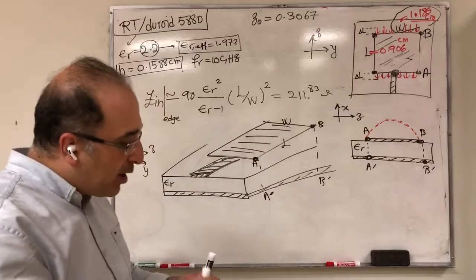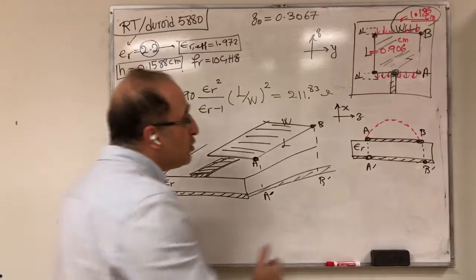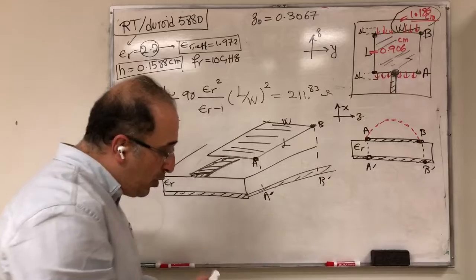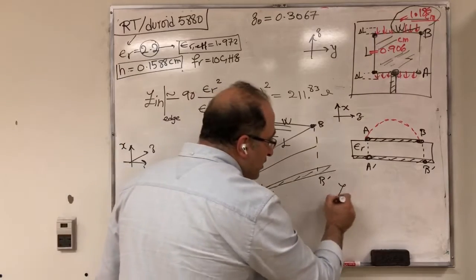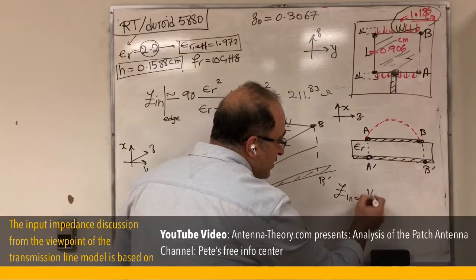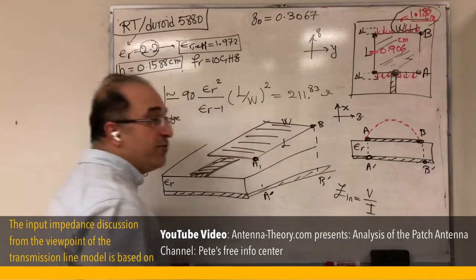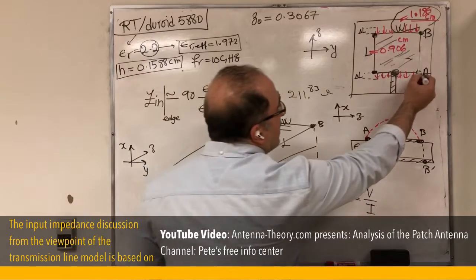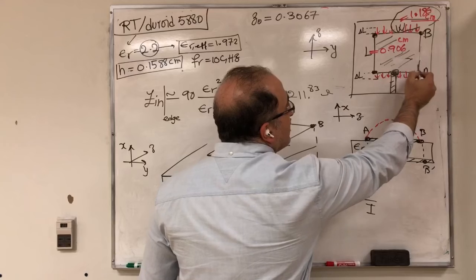And this is somehow the root of our problem, because you know that input impedance is going to be similar to any impedance ratio of V divided by I. Now, around this point, the current is so small.